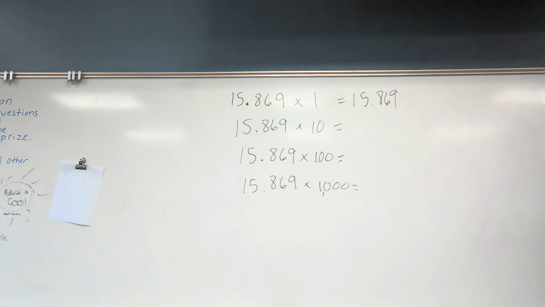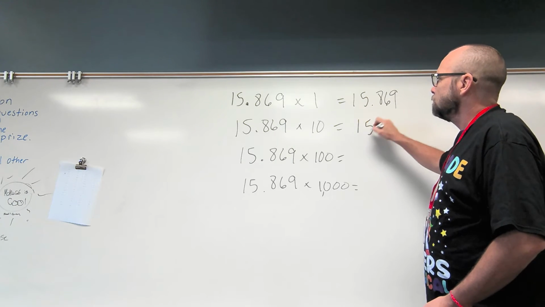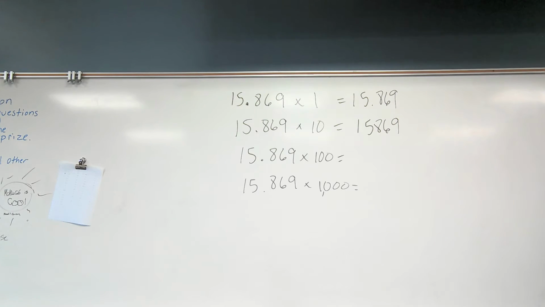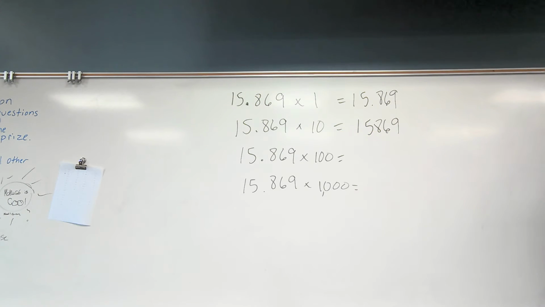So obviously, 15 and 869 thousandths times 1 is 15 and 869 thousandths. And I'm going to have the same numbers, 15869, when I multiply by 10. So Eli, where's the decimal point go if I'm multiplying this number by 10?